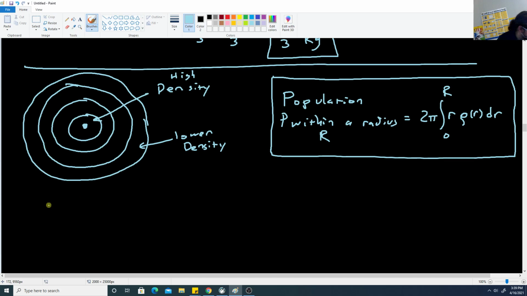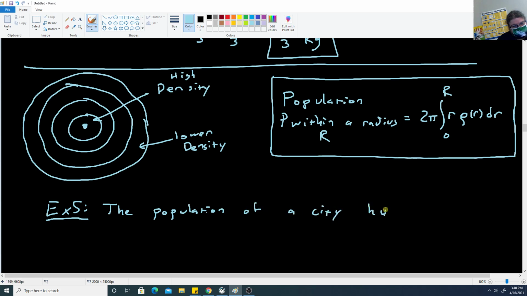So for our example, we're going to say the population of a city has a radial density function, and they give us the function.